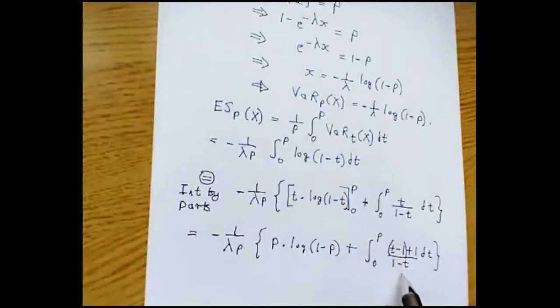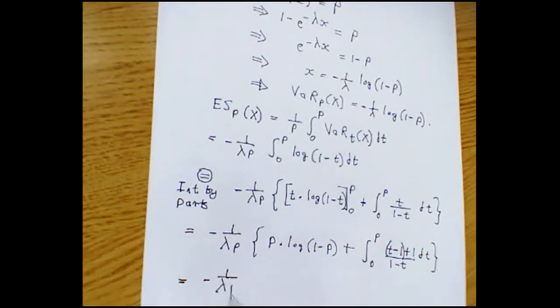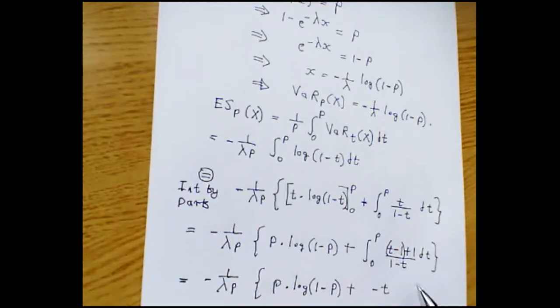When you divide by 1 minus t, you get minus 1, so you get basically two different terms. t minus 1 divided by 1 minus t is minus 1, and the integral of that is minus t. 1 divided by 1 minus t, the integral of that is minus log of 1 minus t.